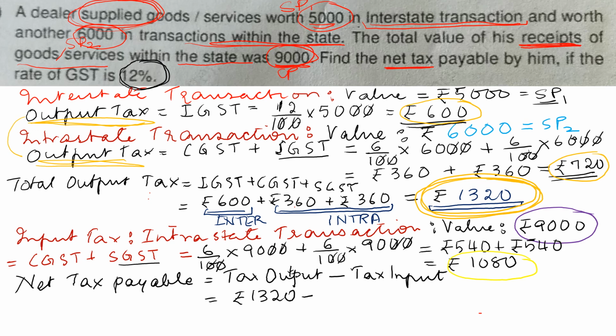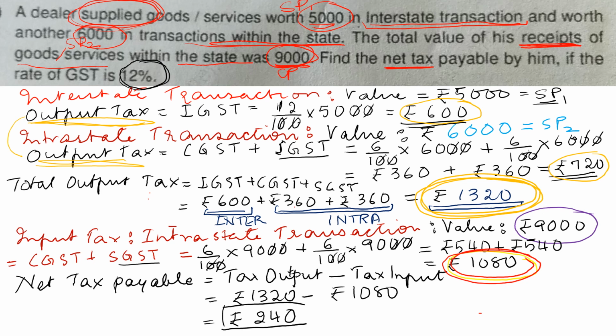Tax input is 1080. So when we subtract, we will get the net tax which the dealer needs to pay, and that is our answer.